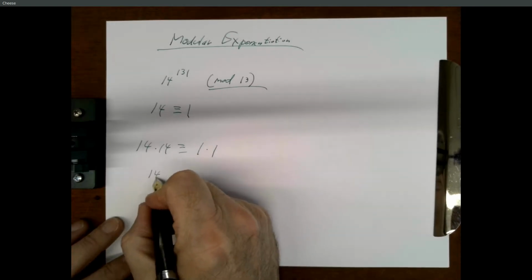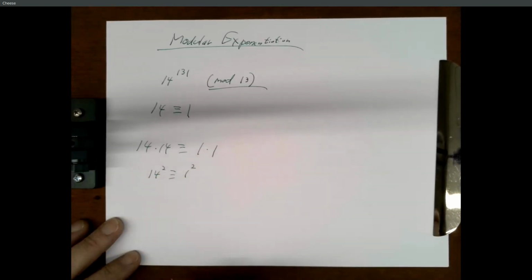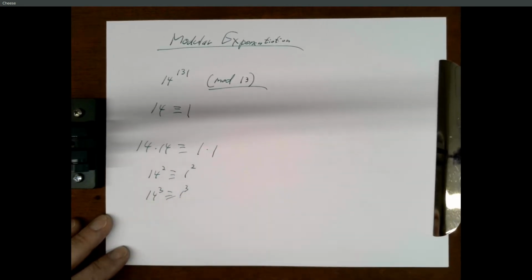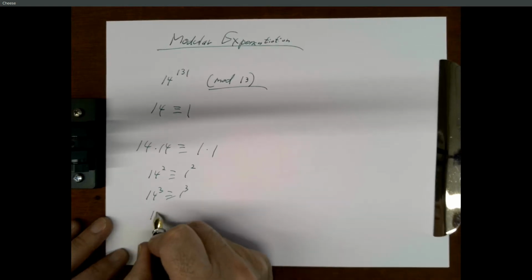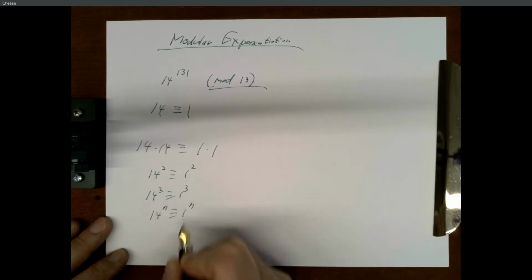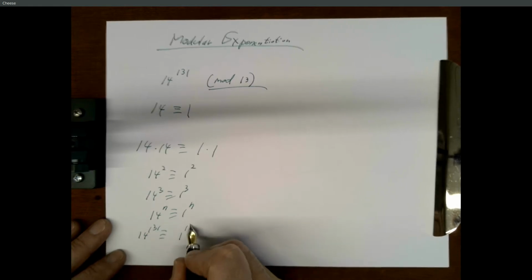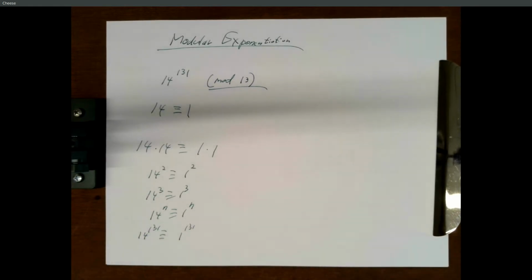This is another way of saying 14 squared is congruent to 1 squared. And if I multiply by 14 again, 14 cubed is congruent to 1 cubed. In general, 14 to the n is congruent to 1 to the n. So 14 to the 131st is congruent to 1 to the 131st, and I know what that is. It's just 1.